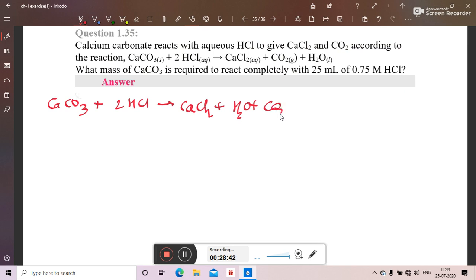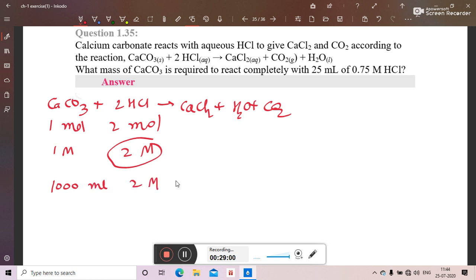Here we can see that 1 mole of calcium carbonate reacts with 2 mole of HCl. So 1 molar calcium carbonate will react with 2 molar HCl. Now 2 molar HCl means 1000 ml of 2 molar HCl, if it is reacting with 1 mole of calcium carbonate.